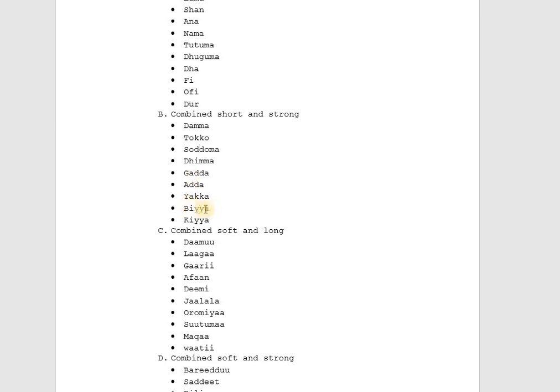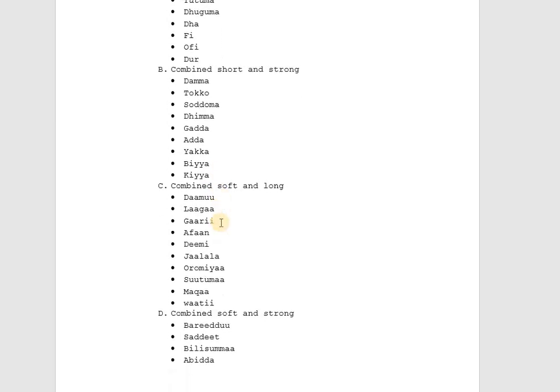Because of that, there are no repeated vowels. The words that are strong are the ones where the consonant is doubled when we say them. There is no rule here. We're just repeating so that you can understand what is strong, soft, short, and so on.